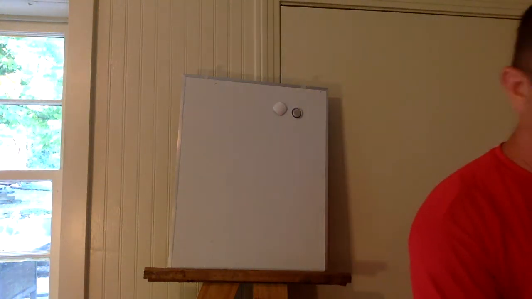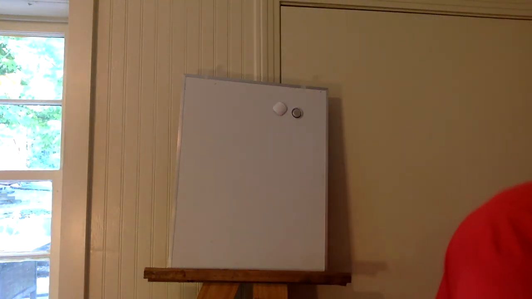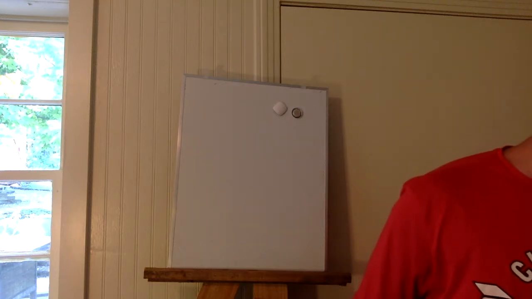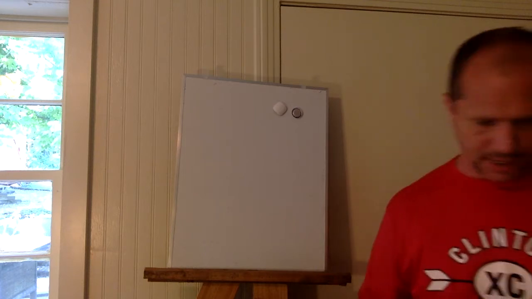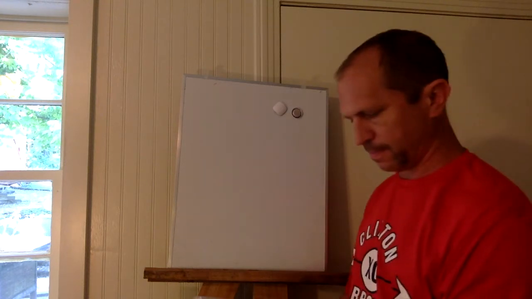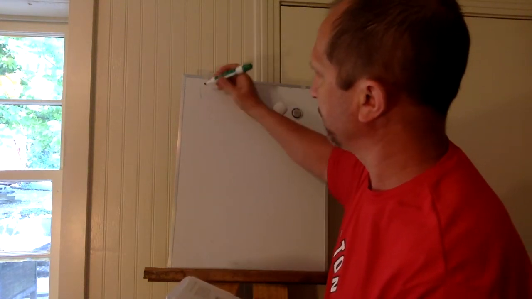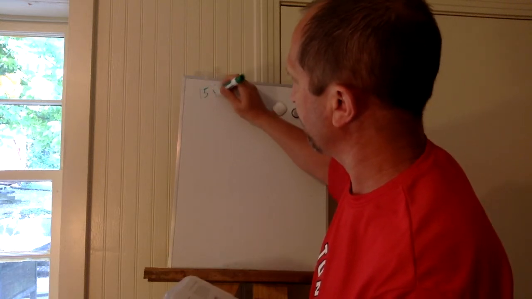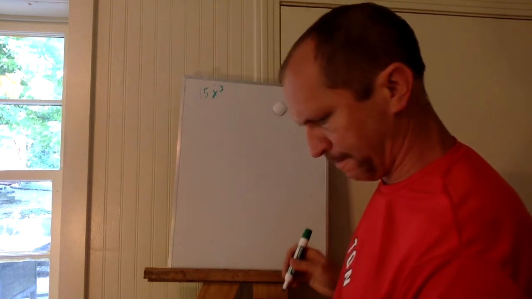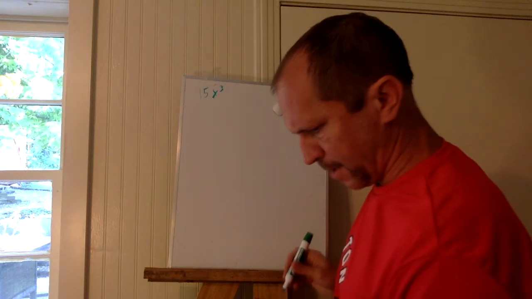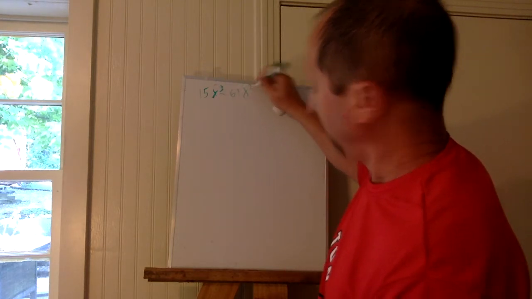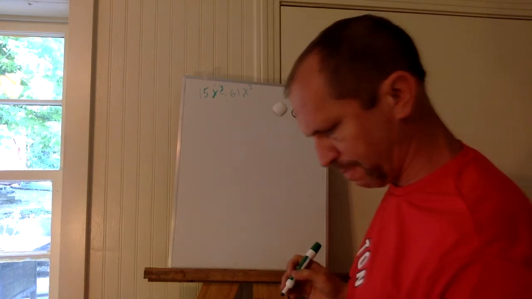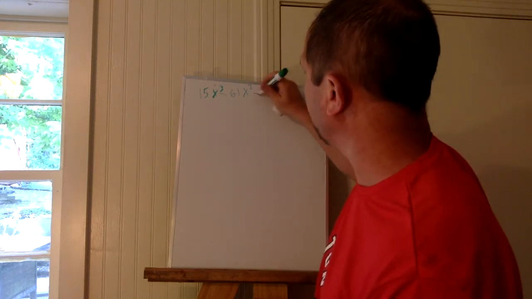The first problem I want us to look at is going to be 15x cubed minus 61x squared minus 2x plus 4.